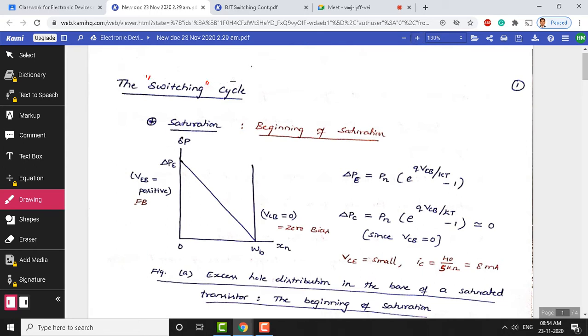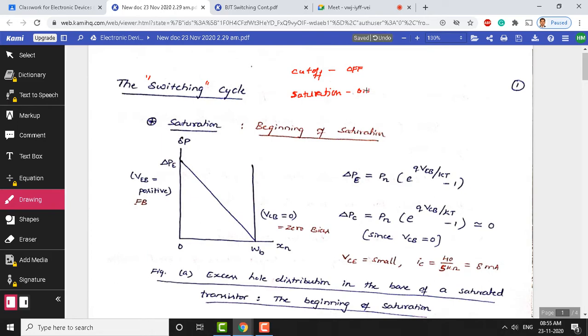In the last class we covered the switch modes, like cutoff mode. The BJT can be in cutoff and it can be in saturation. These are the modes of operation when you use a BJT as a switch. In the cutoff mode, BJT will work like an off switch. If you operate the BJT under saturation mode, the transistor will be in the on state.